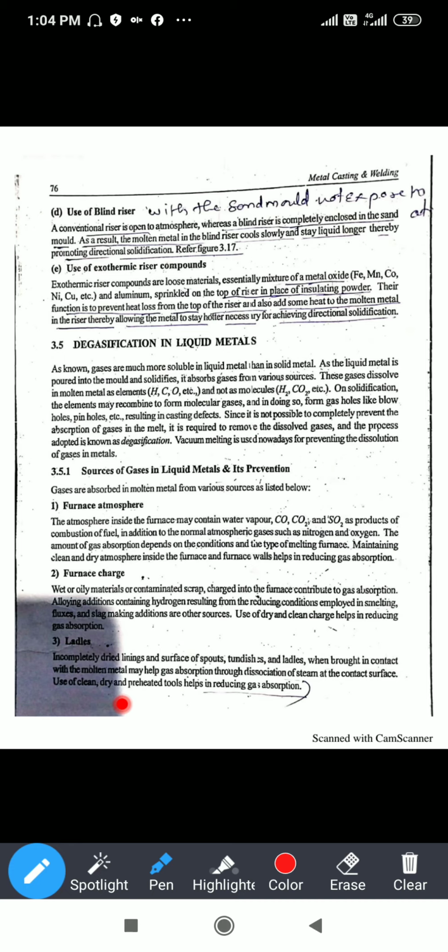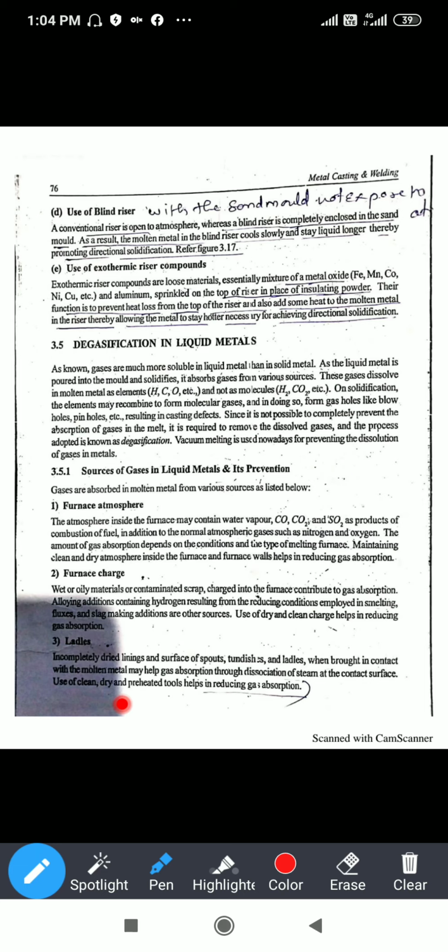When the molten metal is filled in the riser, that doesn't come out of the molding box, because the riser is made inside the molding box below the surface of the mold. The riser is not exposed to the atmosphere. Whatever the molten metal is, it does not come out of the box; it is within the mold cavity. So these types of risers are called blind risers.